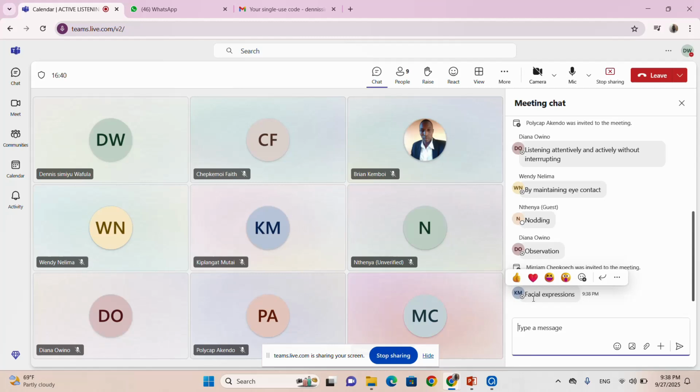Someone has said facial expressions. Mutai Kiplangat, can you tell us about facial expressions? Can you mute yourself?